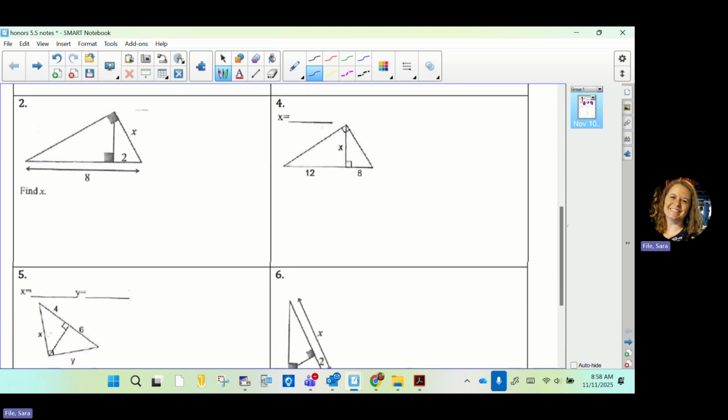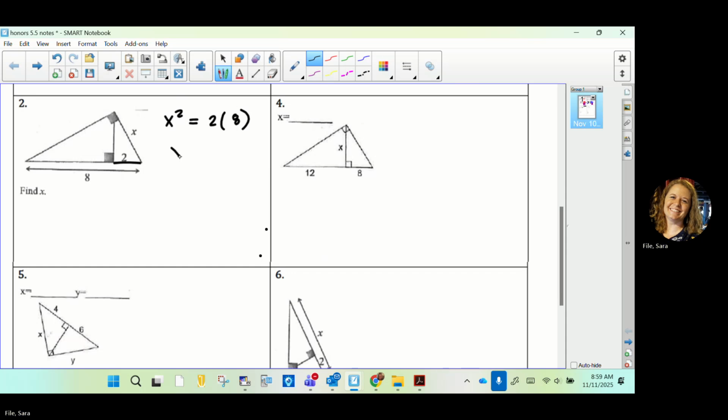All right, let's look at number 2. Number 2, I'm looking for a leg. So ideally, it would be easier to use a leg rule. Okay, and again, if you prefer to keep everything always labeled the same, you can relabel that, but you don't have to. Okay, know that whatever the leg you're looking for squared is going to be equal to that portion of the hypotenuse times the hypotenuse.